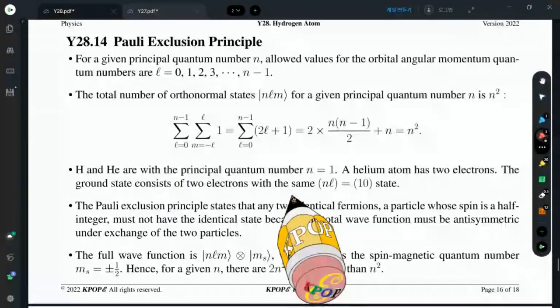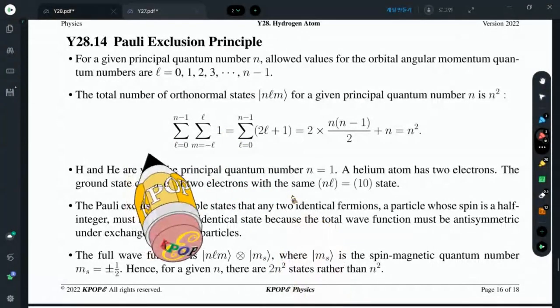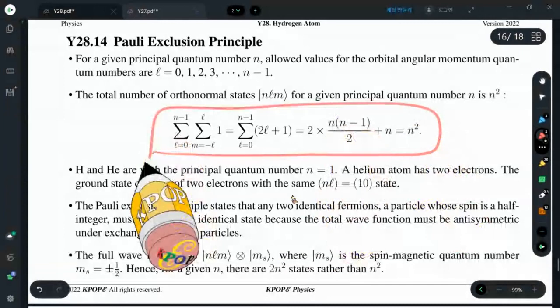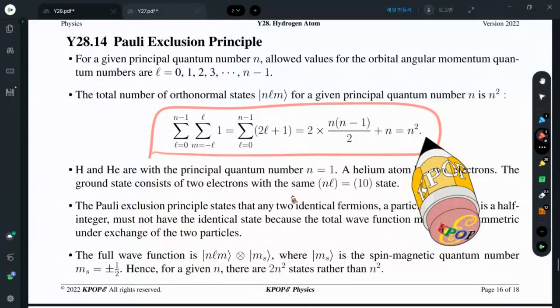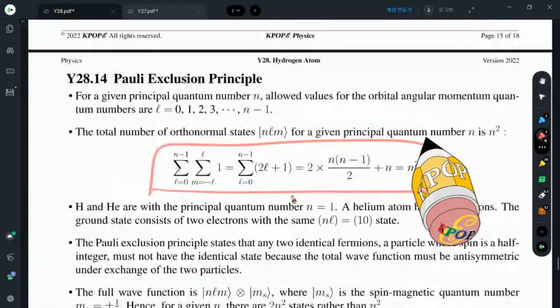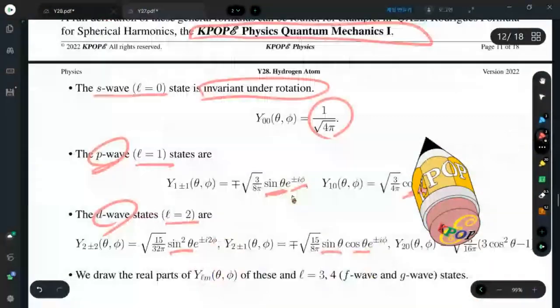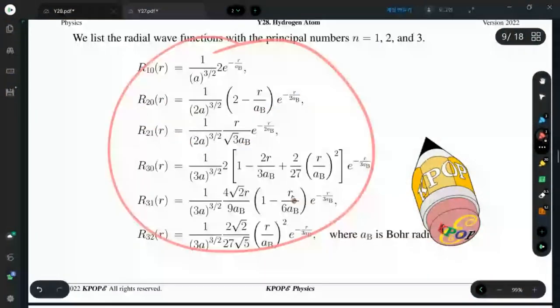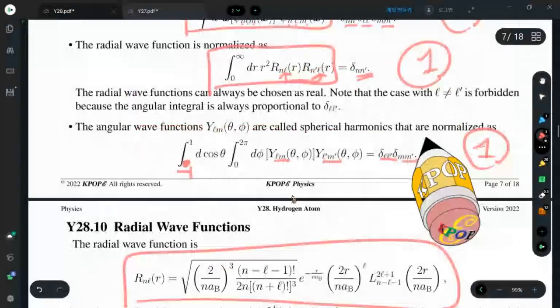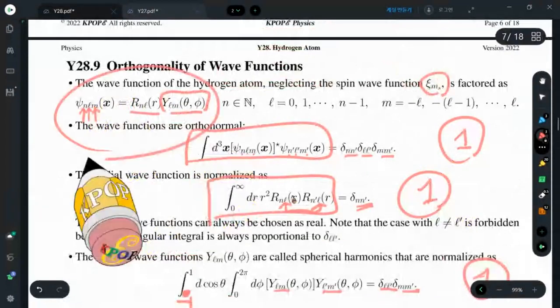Using this Pauli's exclusion principle, he counted the total allowed states for the electron, and he found that there is a factor of 2 difference with the physically allowed states using this wave function.